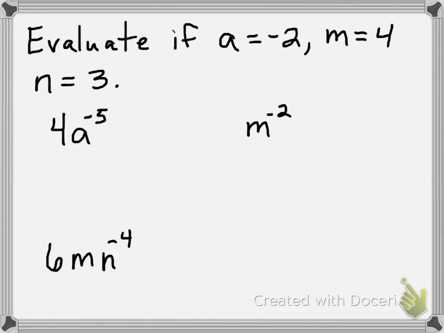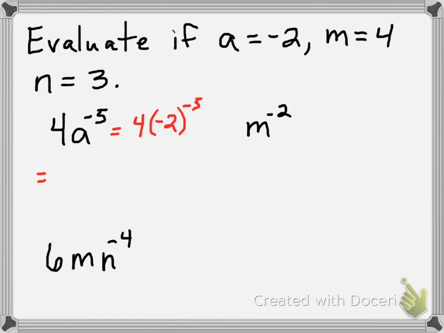Okay, so let's look at the first one. The first thing I'm going to do is just plug in my value that I know. So I have 4 times negative 2 raised to the negative 5th power, since a is negative 2. Alright, now I'm going to follow my steps that we just learned. I need to make the exponent positive. So if I change the sign, I change the position.